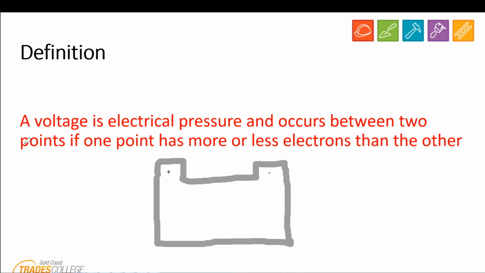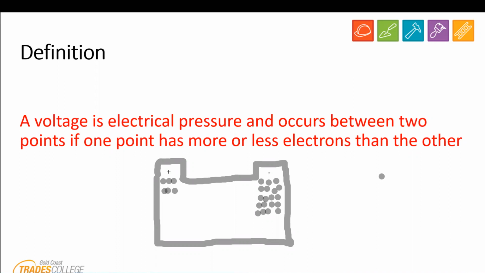The slides will also cover this. If one dot is an electron, then this side here has a lot. You've got a load of electrons on one side compared to less electrons on the other side.